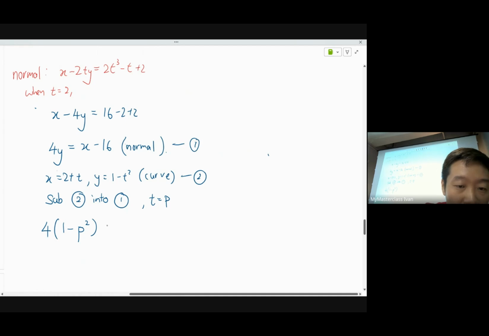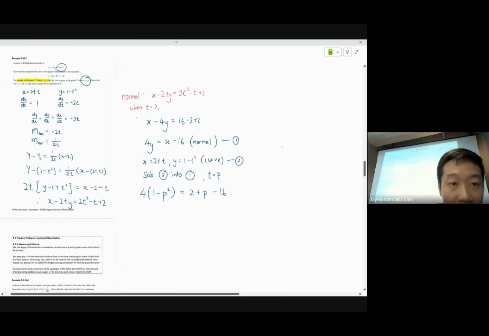Equals x, 2 plus p, minus 16. And I think you will get this: 4p squared plus p minus 18 equals 0.